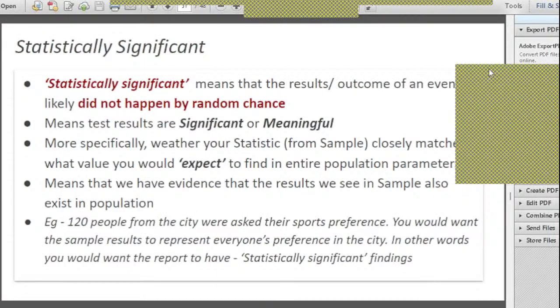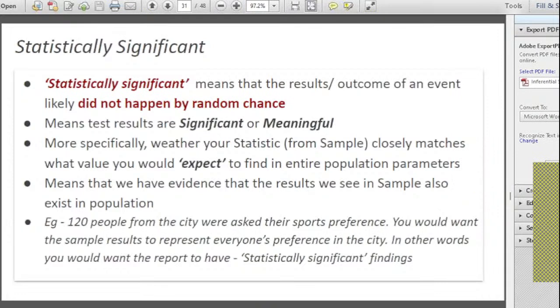Okay, so we're going to start exactly from where we left yesterday, with a quick recap. What did we do yesterday? We started with inferential statistics, right?